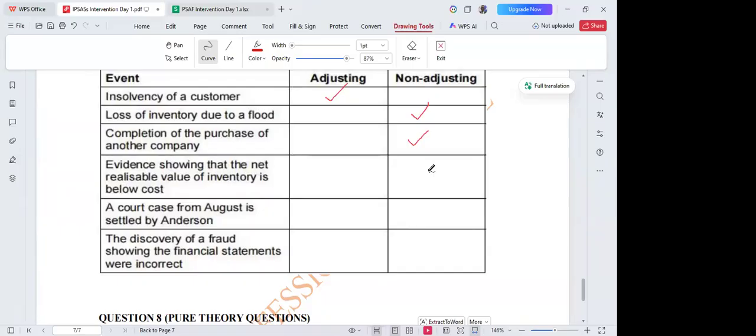It's an adjusting event. Why? It existed during the previous year, and it says evidence showing. If at the reporting date we see that the amount we realize from the sale of the inventory is lower than the cost, then we have to go back and adjust it. Okay, that's correct. Let's move to the next one.